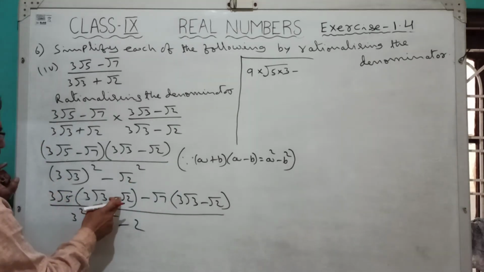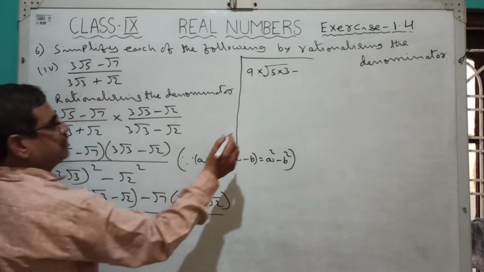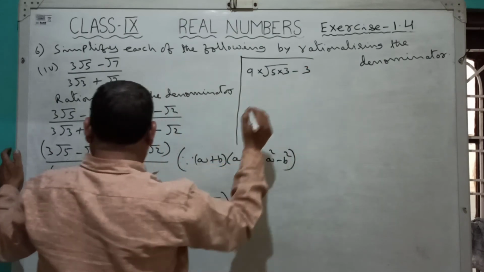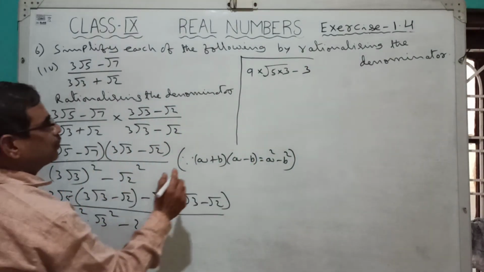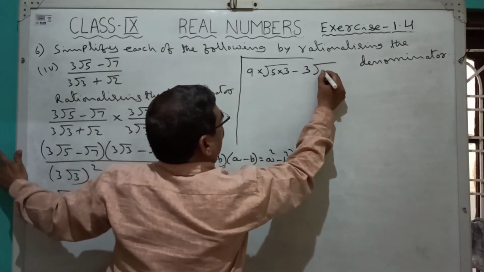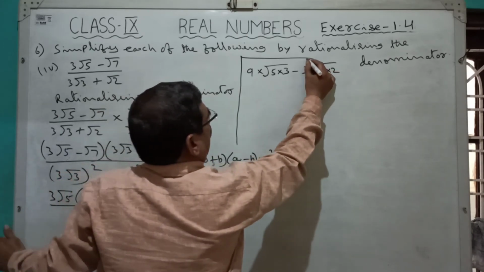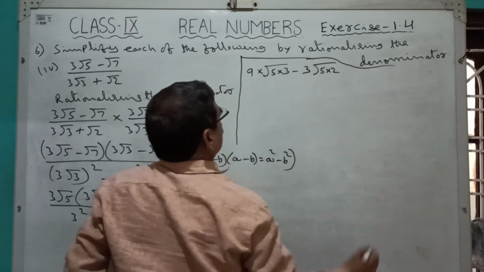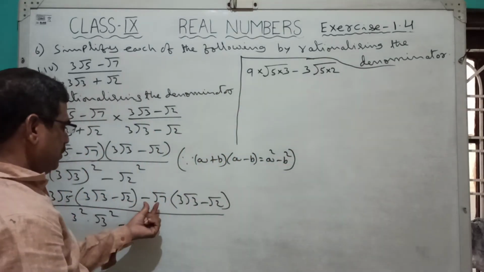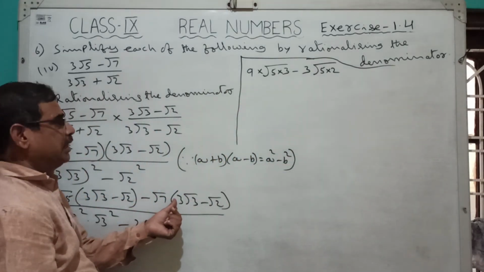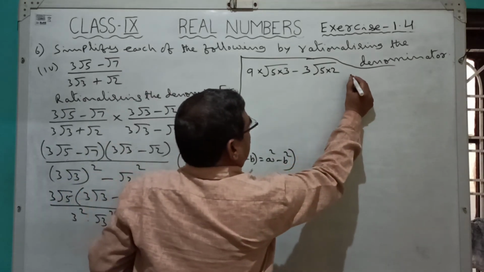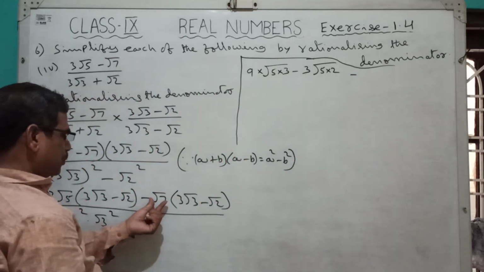So 3 into 1 means 3, root 5 into root 2, root of 5 into 2. So this is over. Here minus, minus into plus, minus, root 7.